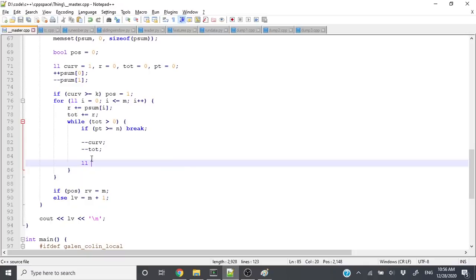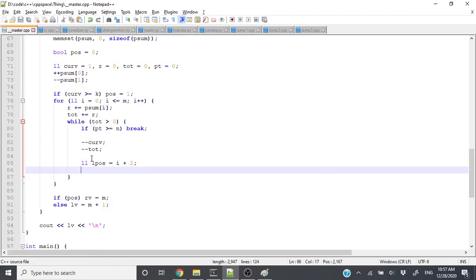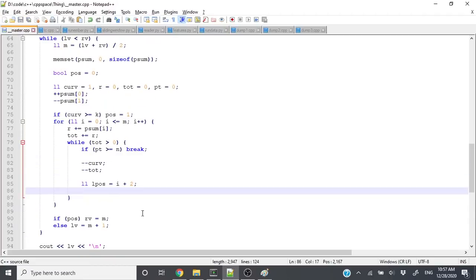So Lpause is equal to i plus 2. That's the start of what we're adding. And then Rpause is equal to i plus 2 plus the floor of a[p] minus 1 over 2. That should be how long the chain lasts, right?